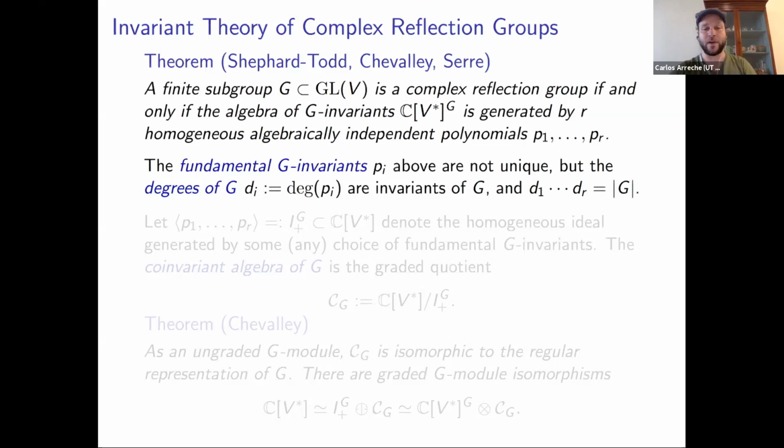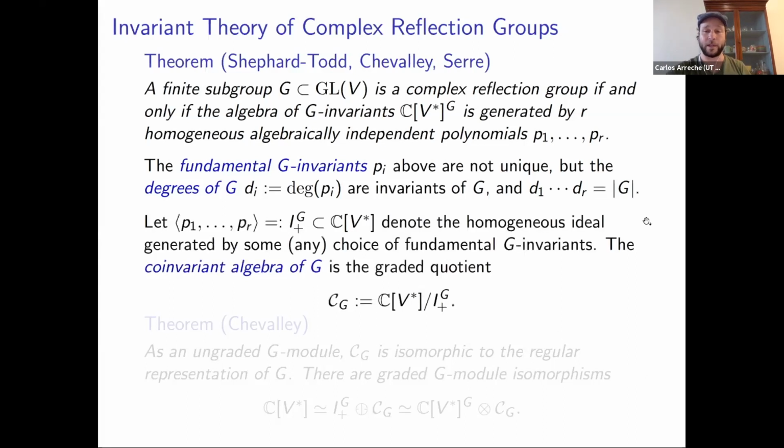Another more refined sense in which the invariant theory of these groups is really nice comes from the following construction. I can look inside the ring of polynomial functions on V at the ideal generated by the homogeneous G invariants of strictly positive degree.